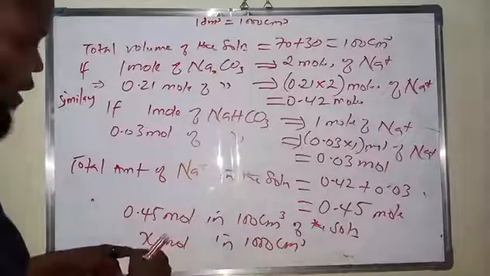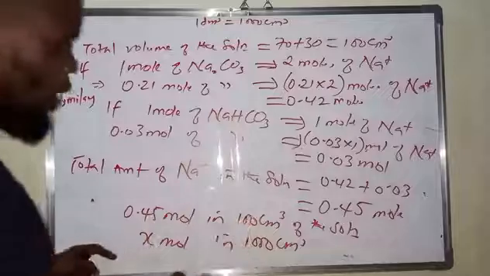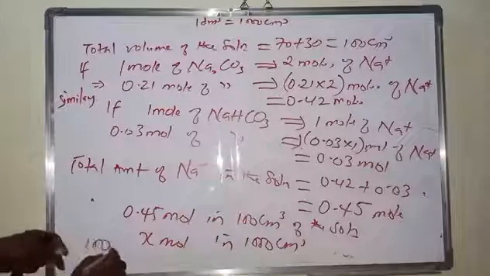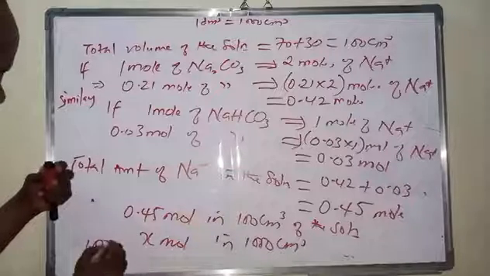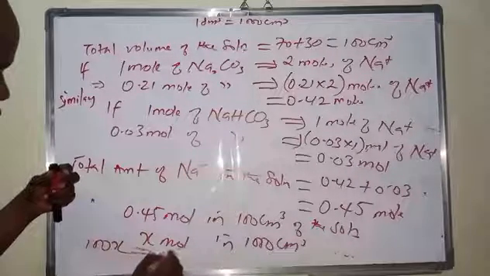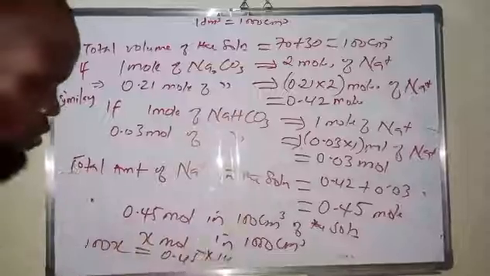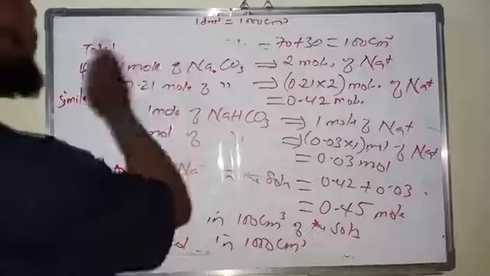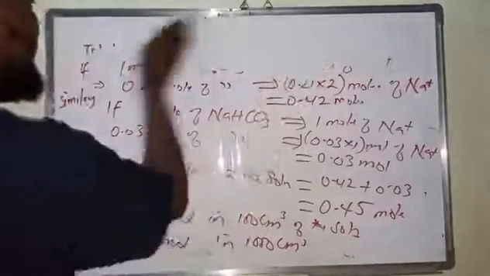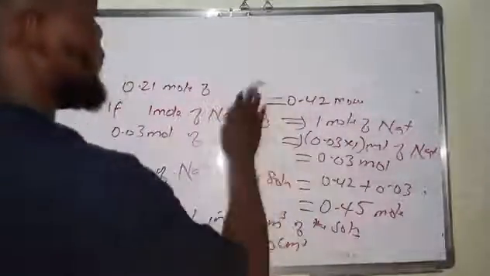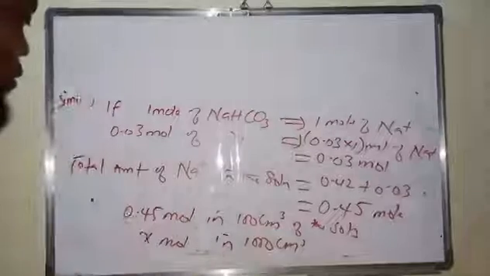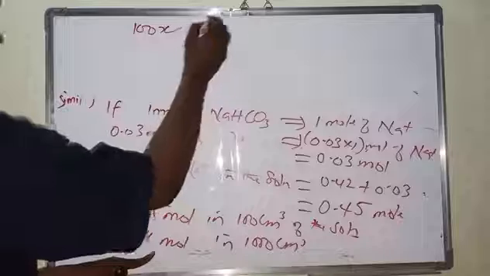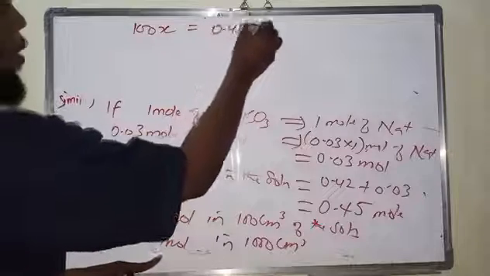So from here you can see that if you do your cross multiplication, you're going to have 100x equals 0.45 times 1000. Okay, to make it clear, I'll come up here. So you're going to have 100x equals 0.45 multiplied by 1000.